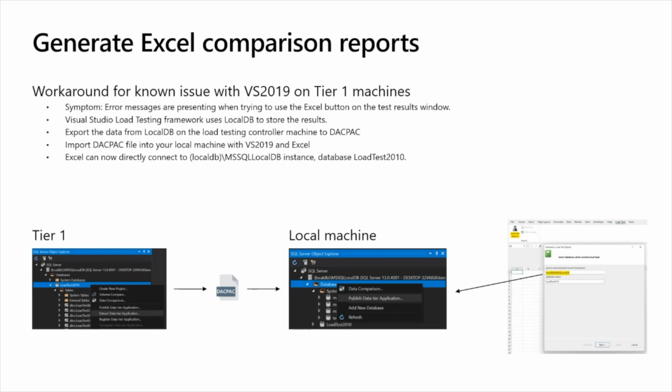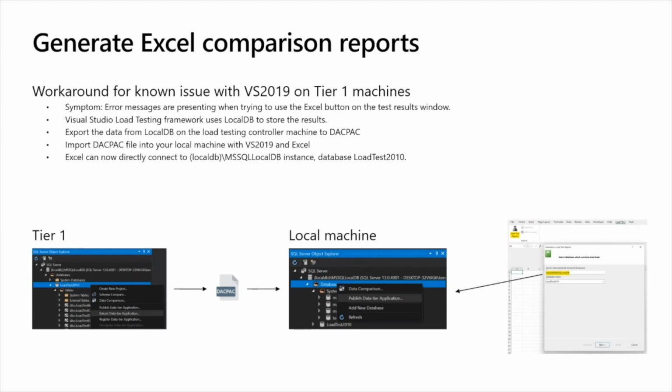You then just move the DACPAC file to any machine containing VS 2019, Excel and the load testing components. You can read in the DACPAC file and restore the actual LocalDB database on that machine.